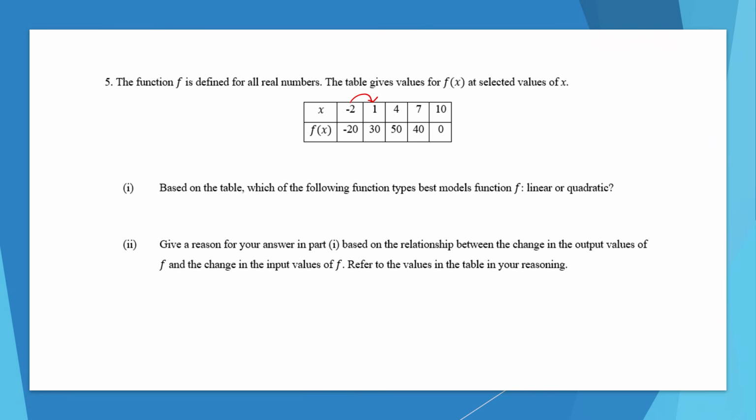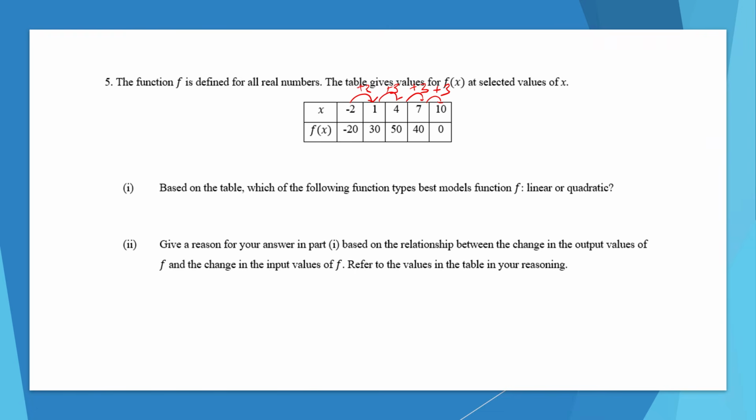Looking at our x values, from -2 to 1, it's not 1 or -1, it's +3. 1 to 4, +3, 4 to 7, and then 7 to 10. Those are all +3. So we see our x values, our inputs, are equally spaced. This is a good sign. This is kind of like a litmus test for linear and quadratic, and you'll see it for either one. So we don't know which one it is yet.